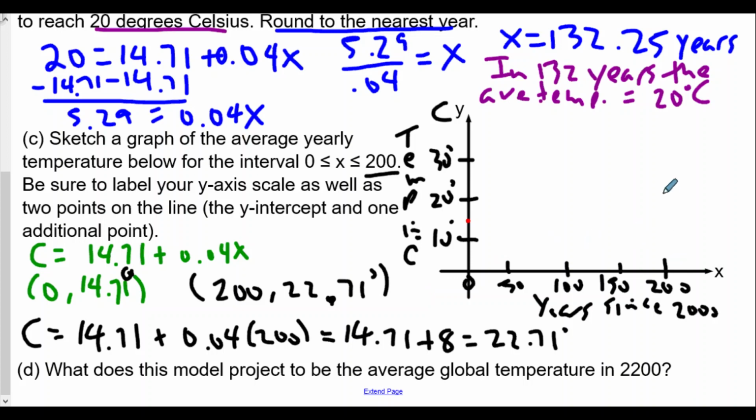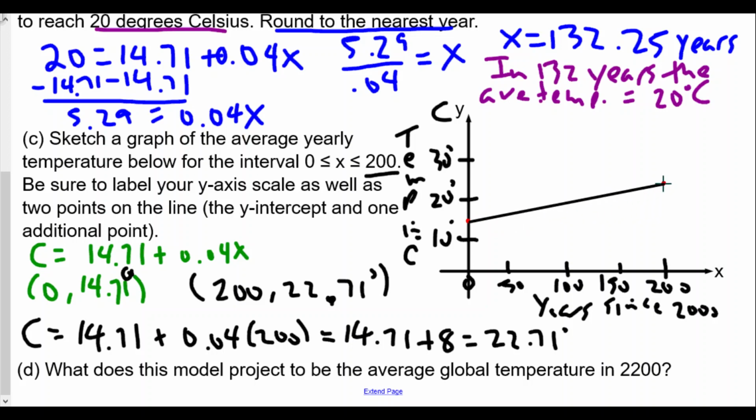So here's 200, 22.71, somewhere over here. Well, kind of. That's kind of like okay there. Maybe I'll lift up a little bit so I can do that. Just thinking about this program here, I can move around things a little easier than maybe something else I used before. Okay, so I'm going to connect these 2 points here with the little line segment. And it's a line segment because, again, only interval from 0 to 200. We're not going past that.